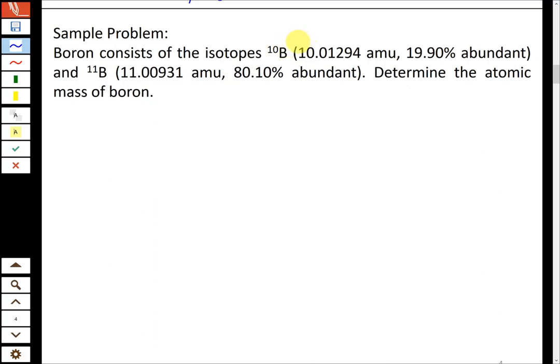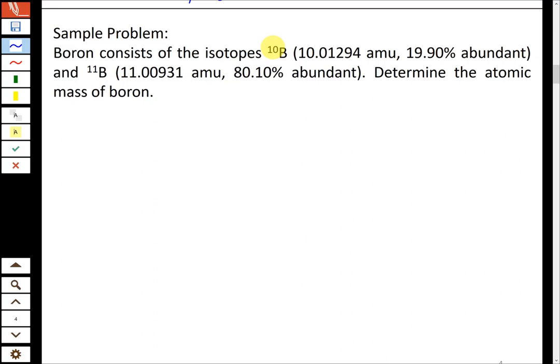There might be tiny amounts of other ones, but these 2 isotopes make up essentially all of it. Boron-10, which has this mass and this abundance, and boron-11, which has this mass and higher abundance. And once again, we see that the isotope masses are close, but not exactly equal to the mass number of each isotope, for reasons we talked about.